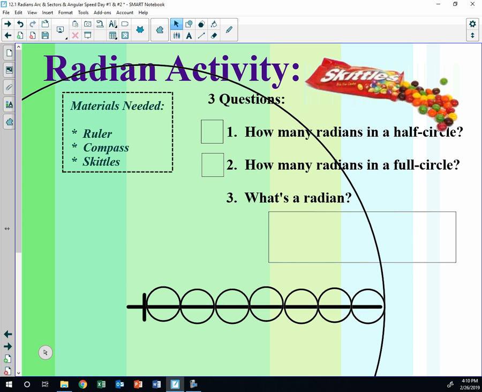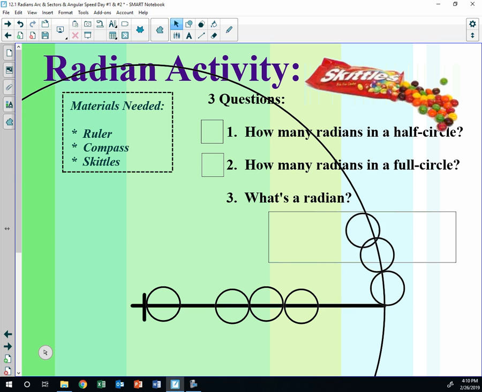Now, because that's the radius, what we can do is take these Skittles and make a little band of them on a circle. So we're going to go here, and we'll go up here, go here, go here, and you can do this on a piece of paper or on your iPad.